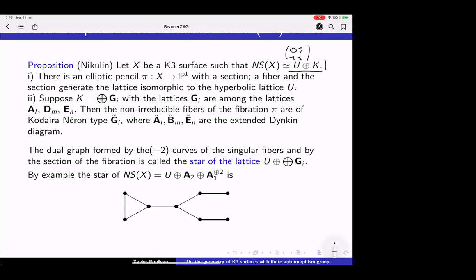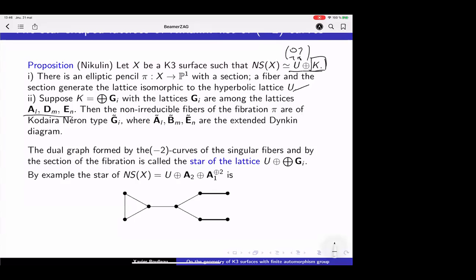So there is a well-known conclusion that there is an elliptic pencil with a section, and a fiber and the section generate a lattice isomorphic to the hyperbolic lattice U. And now if you suppose that your K here is a direct sum of ADE lattices, then the reducible fibers of the fibration are given by Kodaira's classification.